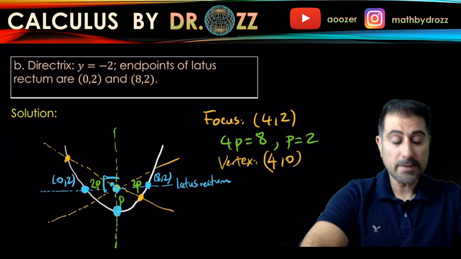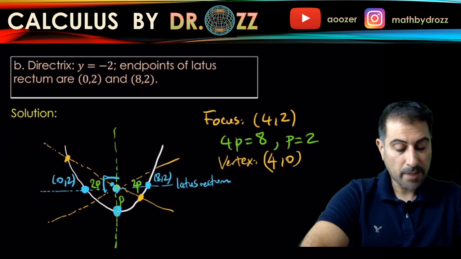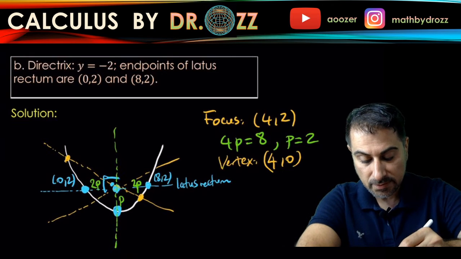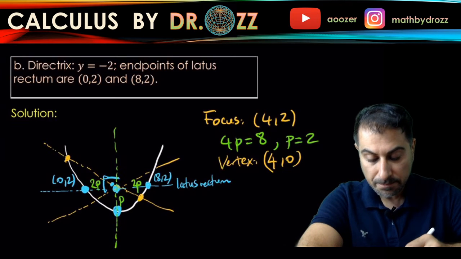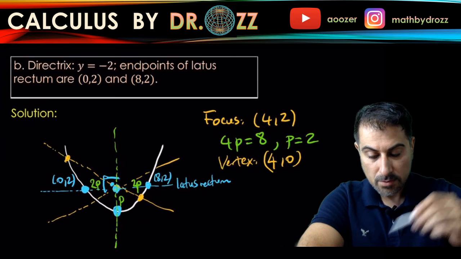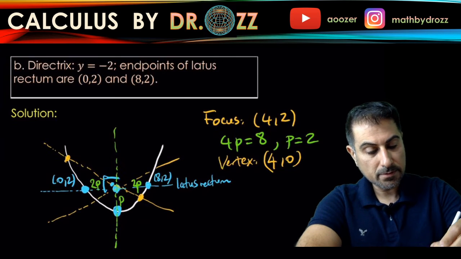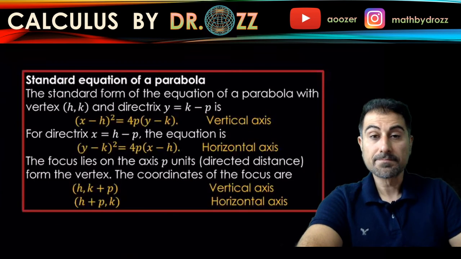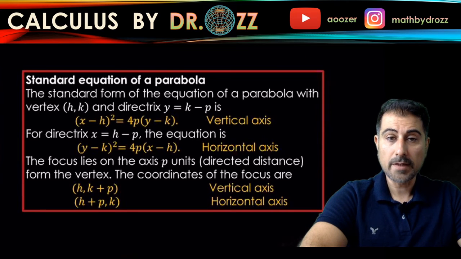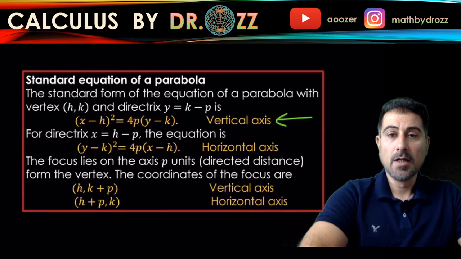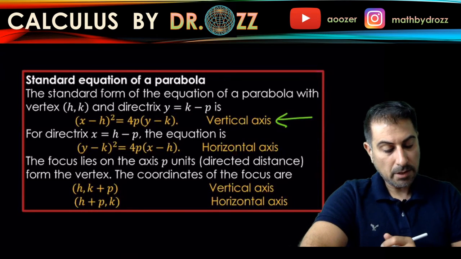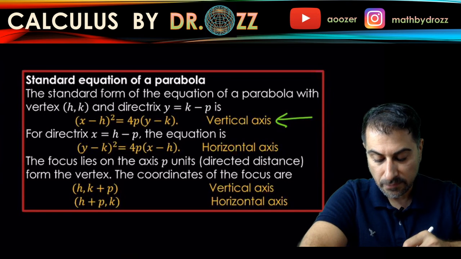We can go ahead and write down the equation of the parabola whose major axis is vertical. So we're using the vertical axis formulation: (x minus h) squared equals 4p times (y minus k), where h and k are the coordinates of the vertex.